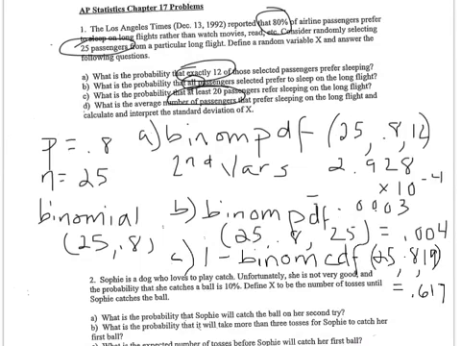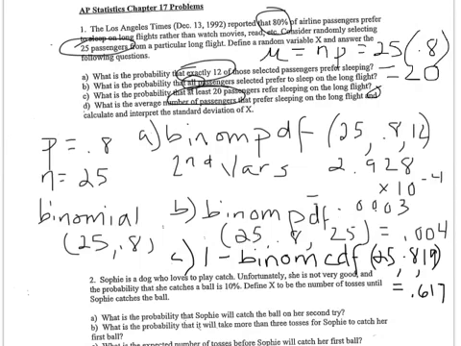Now, lastly, we need to talk about the model, just the standard deviation and the mean, okay? So the average number of passengers is the mean. I'll put this up at the top here. So for a binomial, the mean is np, so this is going to be 25 times 0.8, and the answer is 20 passengers, or who we would expect to say they prefer to sleep.